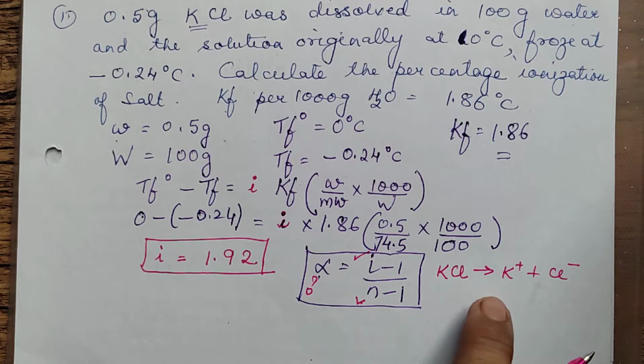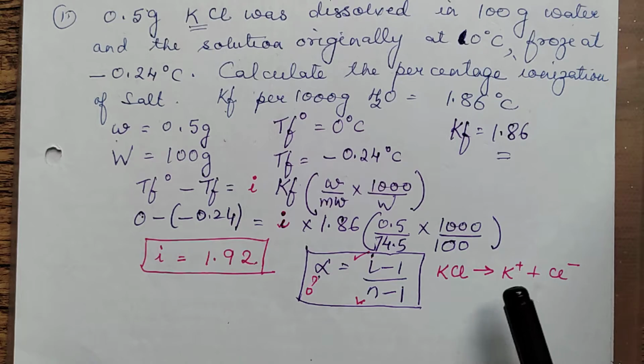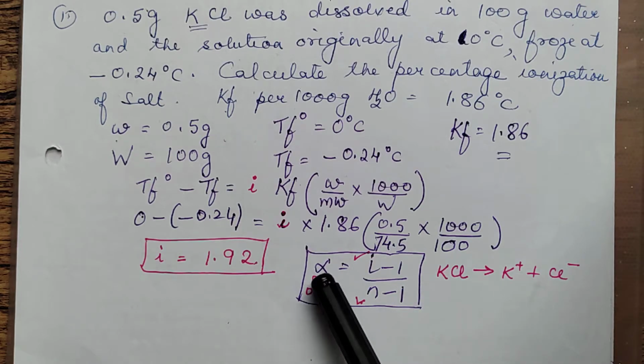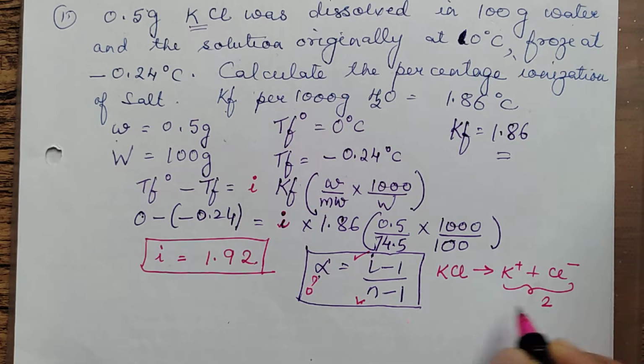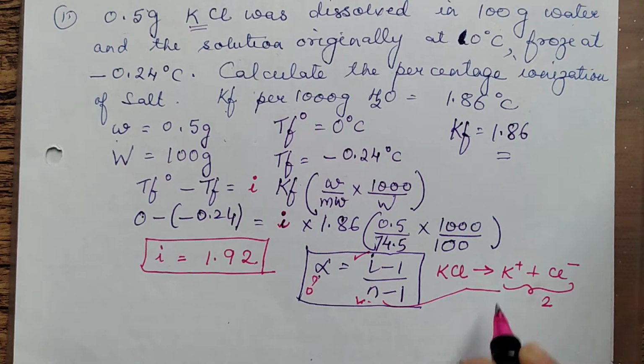If it is dissociating completely, then the total number of particles would have been 2. But this is not dissociating completely, so we need to calculate how much it is ionized, right? So this n value will be 2. How many particles are obtained? 2. So this n you will use as 2 and substitute the things and now solve it.